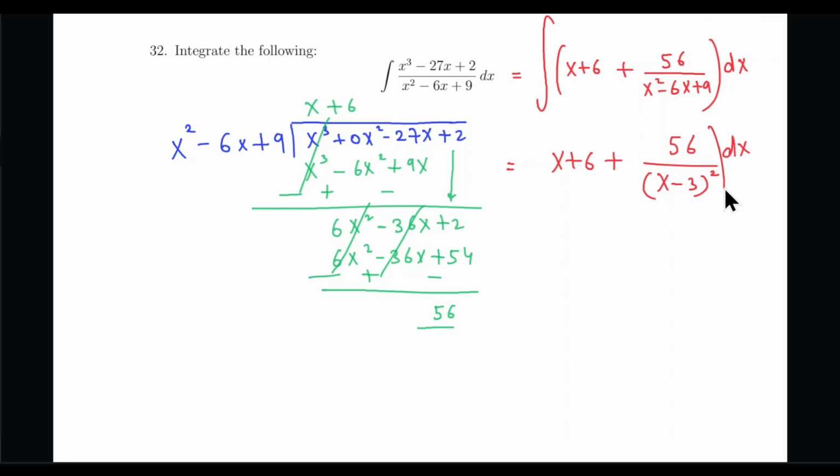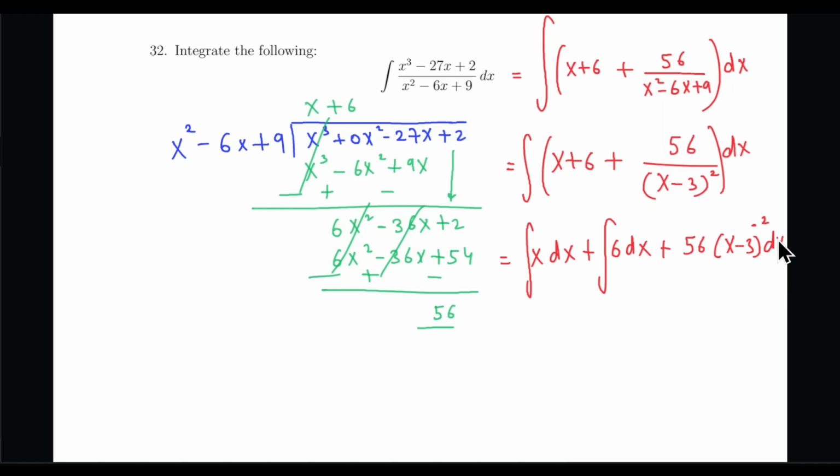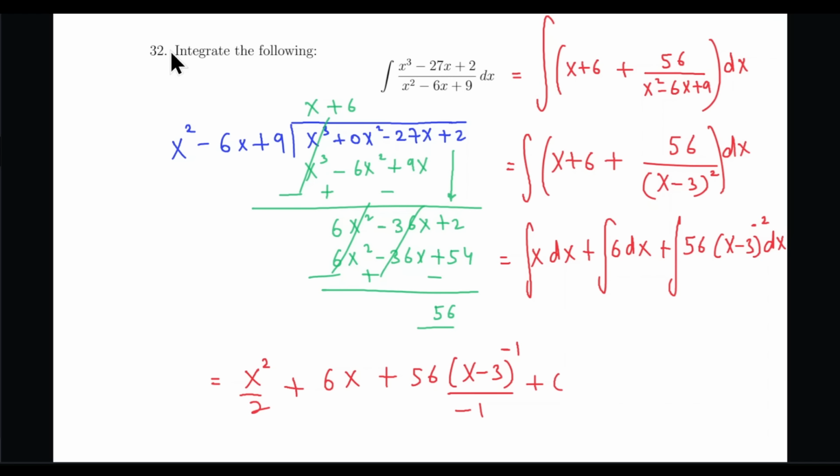So that makes things pretty easy for us, because now this question is nothing but integration of x, then integration of 6, and then integration of 56 times x minus 3 raised to minus 2 dx. That's how it looks. So this will become integration of x is x square over 2, integration of 6 is 6x, 56 is as it is, and integration of x minus 3 to the minus 2 is x minus 3 to the minus 1 over minus 1 plus c.